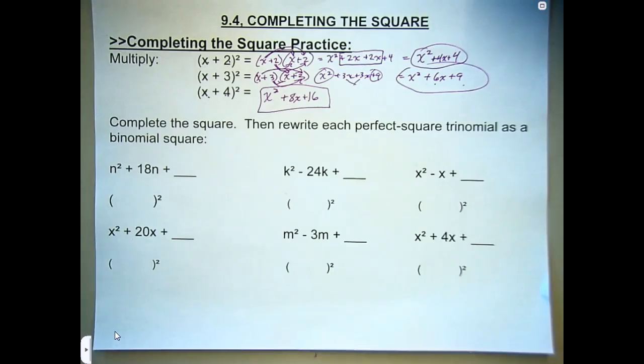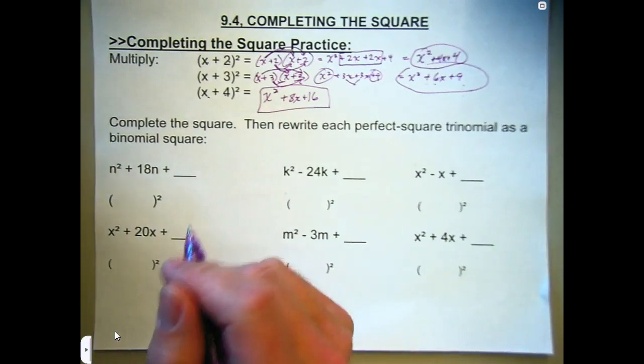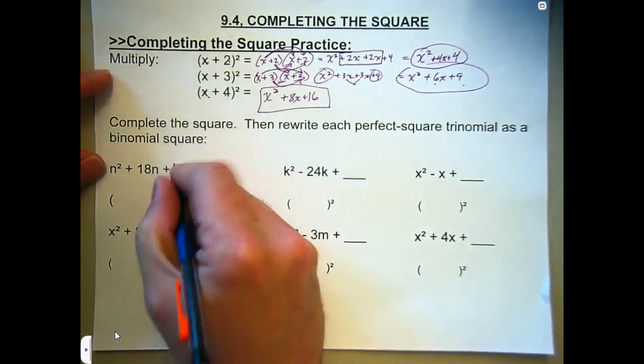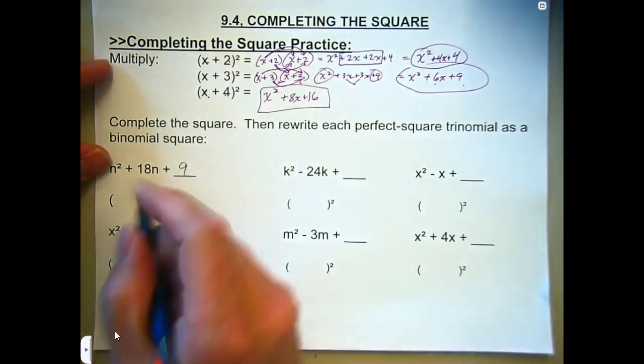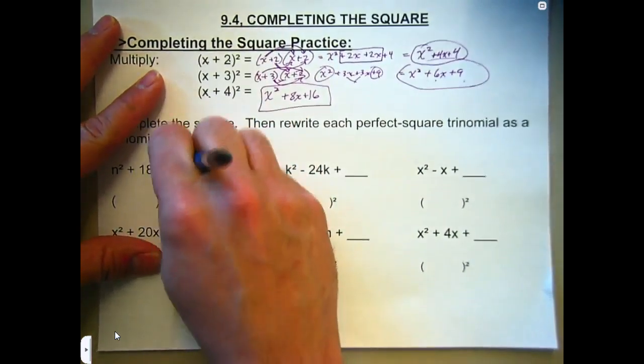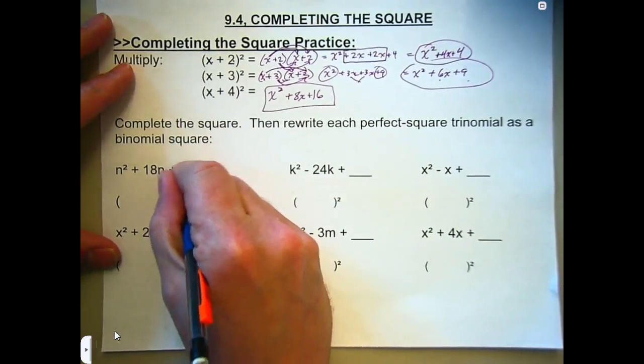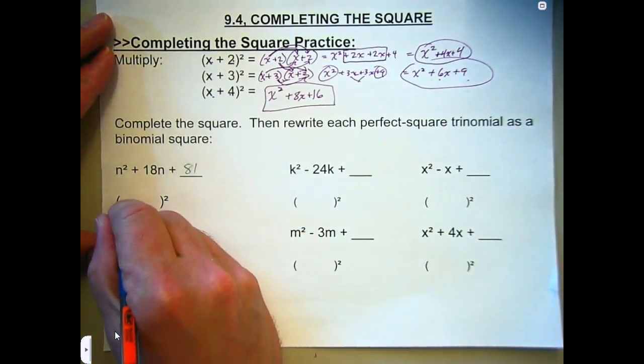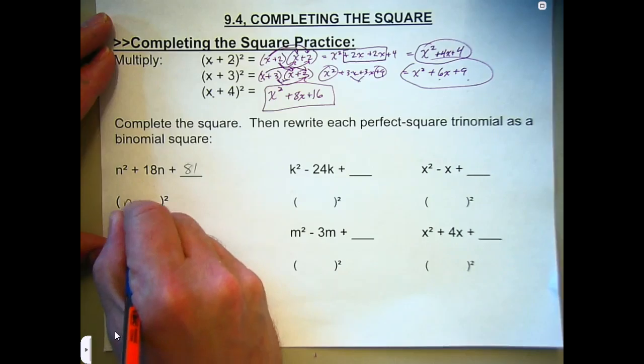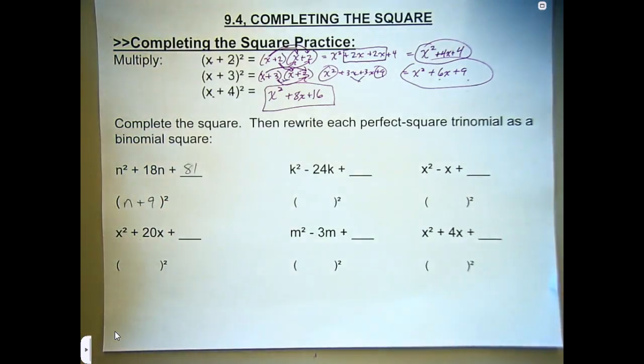All right, Aaron, what do you think? So 9's going right here? 81's going right here? 9 goes here? x plus 9. How many got that? What'd you do, Aaron?